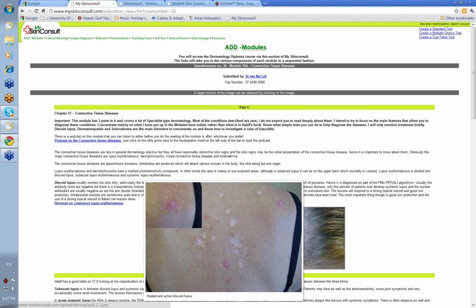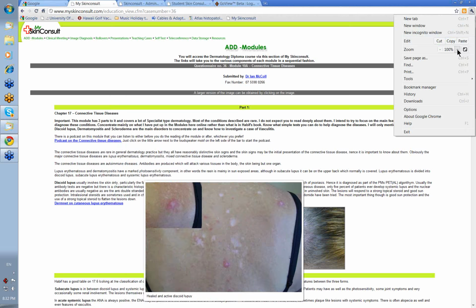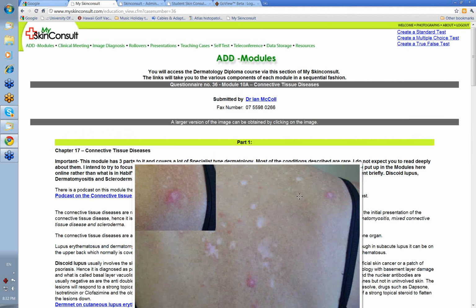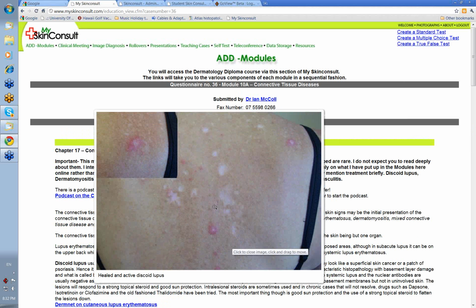But there are other types of lupus. This is another case of discoid lupus. Let's make these images a bit bigger, they're just a touch small. Here you can see there's an active one, and these are inactive ones.